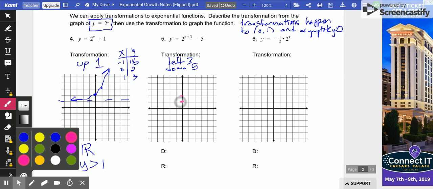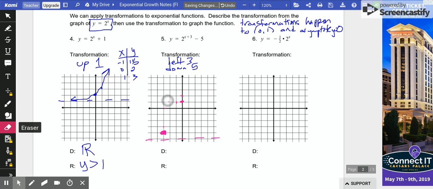So instead of our point 0, 1, we're going to go left 1, 2, 3, and down 1, 2, 3, 4, 5. So that's the point we wanted. Hopefully, did I count that right? Yeah, okay. Our asymptote, it is also going left 3, which doesn't change anything, and it's dropping down 5. So down here. All right, I'm going to erase some of those points because we don't need those. Those are just me counting.